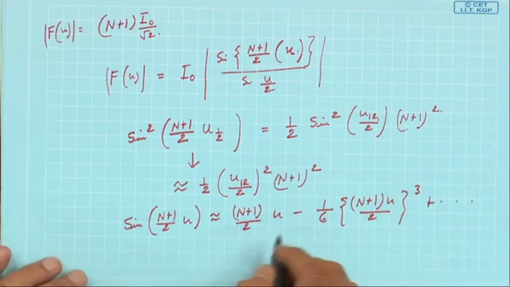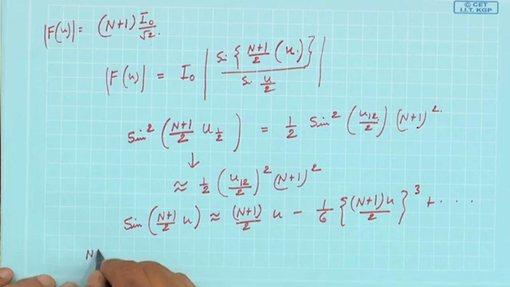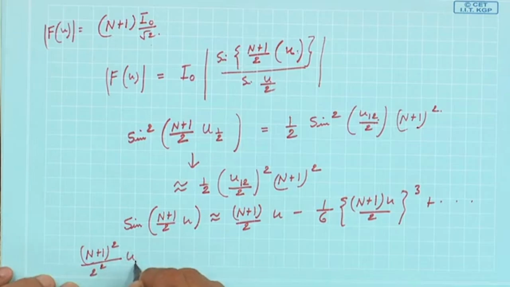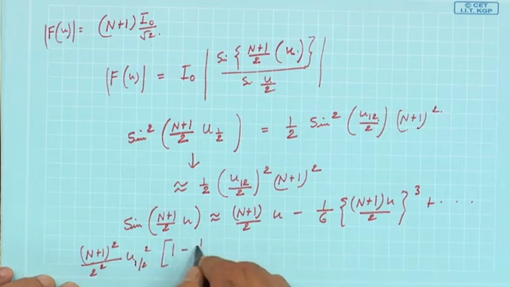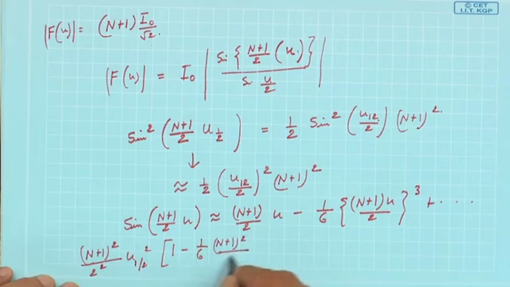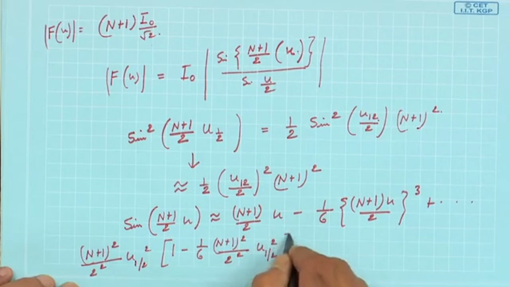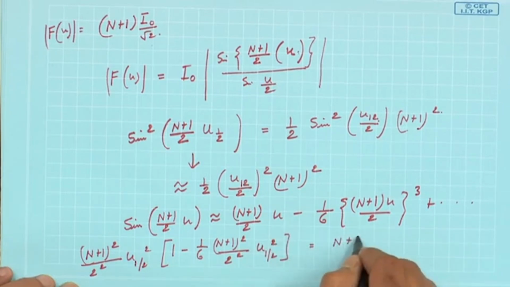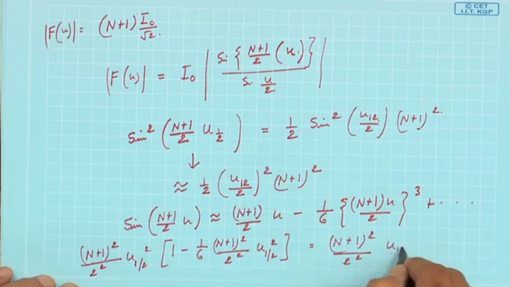So, you can put this that (n+1)² by 2² u_half² into 1 minus 1 by 6 (n+1)² by 2² u_half² is equal to (n+1)² by 2² u_half² by 2.